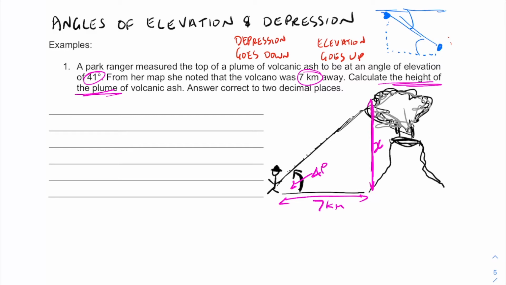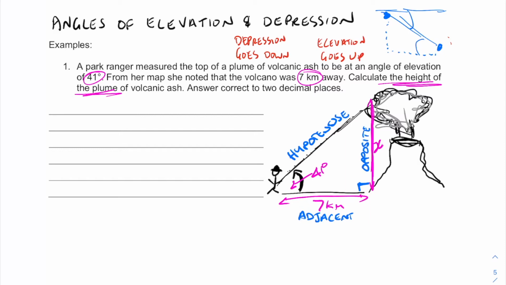First things first, we need to label our sides. We have a right angle in here, and we have an opposite side, an adjacent side, and a hypotenuse. Here's our hypotenuse. We don't actually need the hypotenuse for this question. What we do need is an adjacent side and an opposite side.